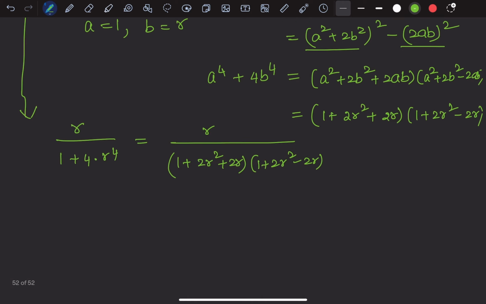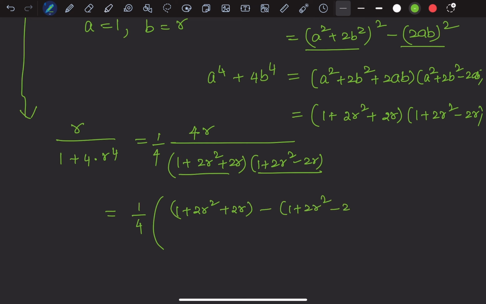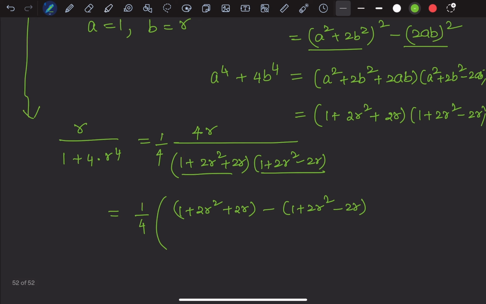Now I'll multiply the numerator with 4 and divide it with 4. So this will be 1 by 4. Now this 4r can be written as the difference of these two terms. So (1 + 2r^2 + 2r) minus (1 + 2r^2 - 2r). Alright, so this is 2r and here you will get plus 2r.